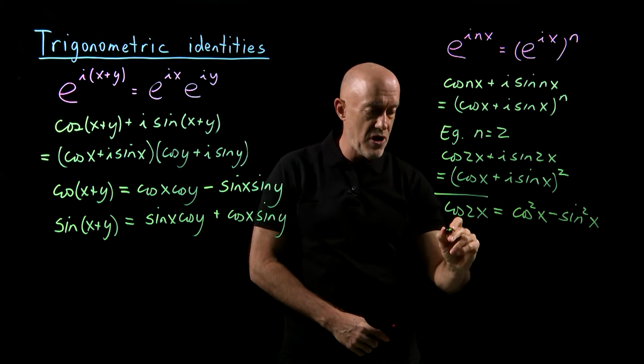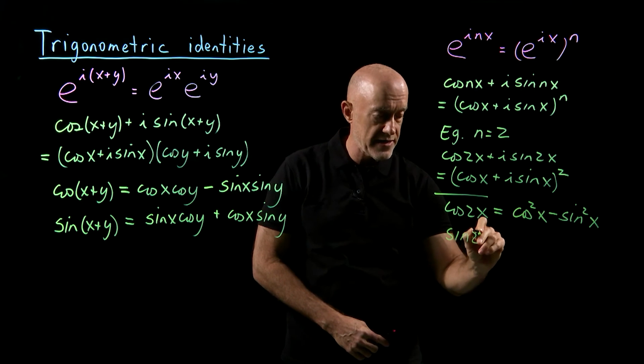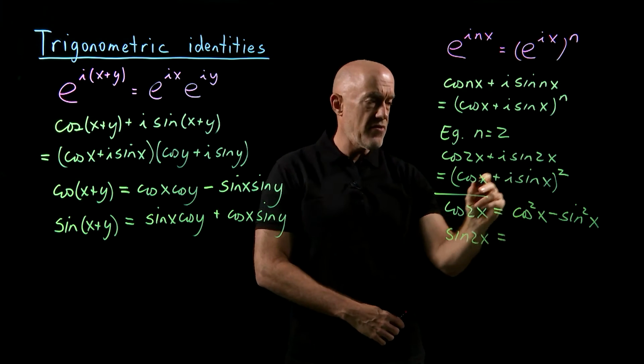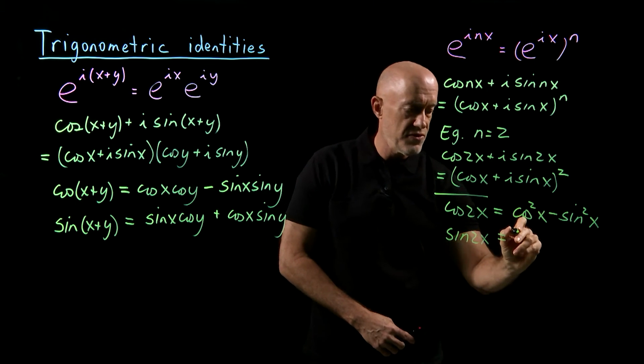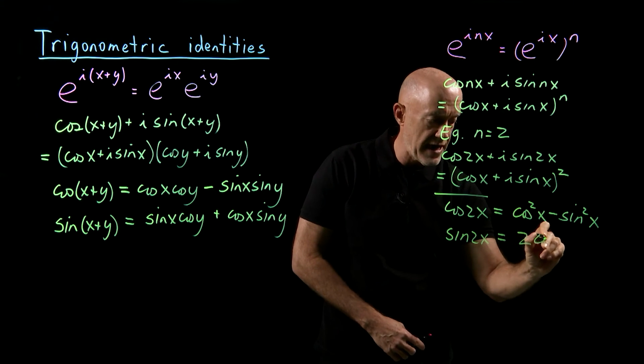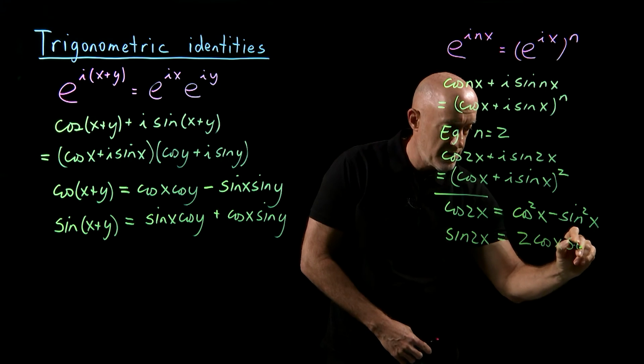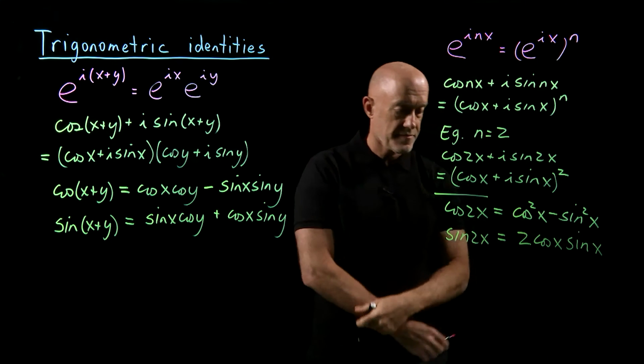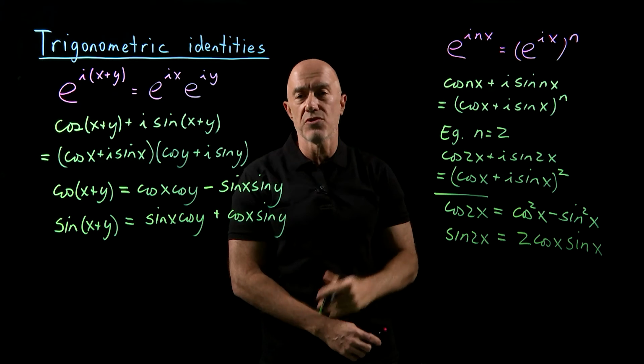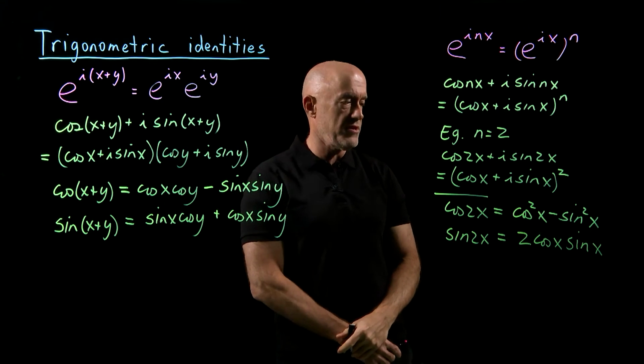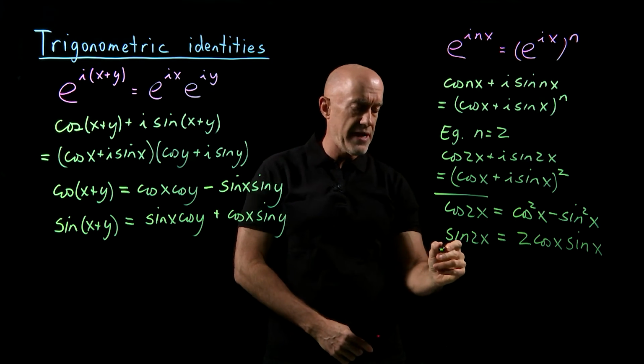The imaginary part then would be sine 2x. So that would be the cross term here, which would be twice cosine x sine x. Okay, so those are called the double angle formulas. So these are two identities you might know already.